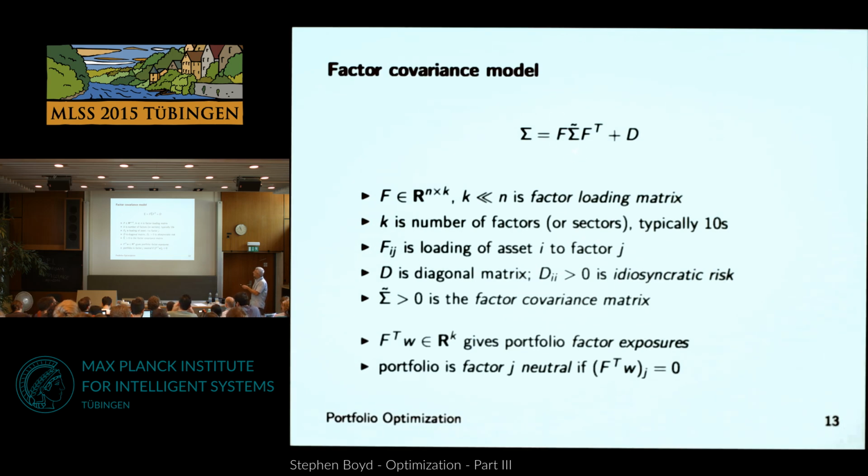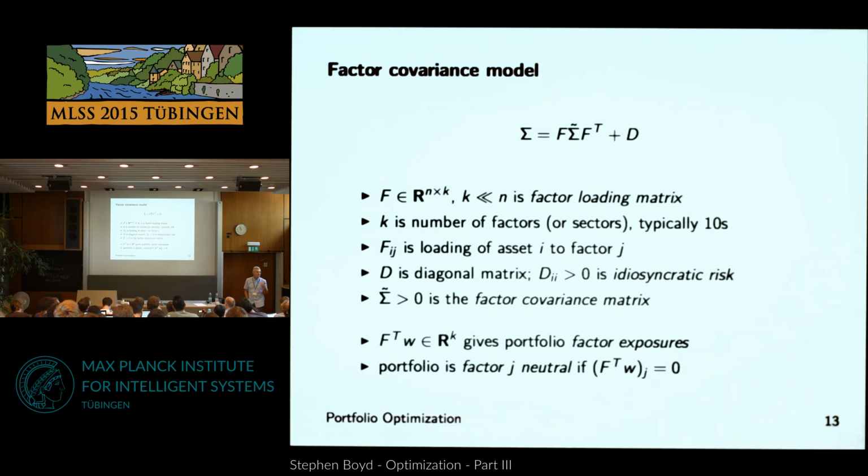Then you'd have sigma tilde, that's often diagonal, but anyway, that's the factor covariance. And then you have a diagonal matrix, and it's a beautiful model, and they have great names for it. For example, this diagonal matrix, D_ii, is the additional volatility of asset i over and above the volatility explained by the factors. And so they've got a great name, which is idiosyncratic risk.